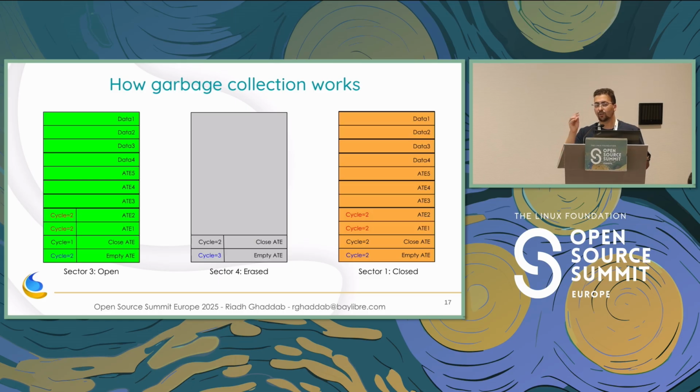The main thing is that we should make sure the empty ATE cycle is different from the one in the close ATE. So if there is nothing there, it's an open sector. It doesn't have to be 1 plus 1. No, actually, that's a simplification, like I said, because I cannot go through all the types of flash memory here, the RRAM and MRAM. So I try to make a simplification here.